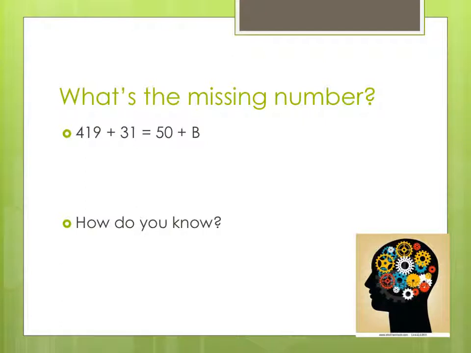See if you can compare the difference between these numbers. What if you look at the difference between 31 and 50? Can you use that to figure out what you would need for b without adding both sides of the equation? Pause the video. Try it. Write this example down and explain your thinking. Then replay to check your work.